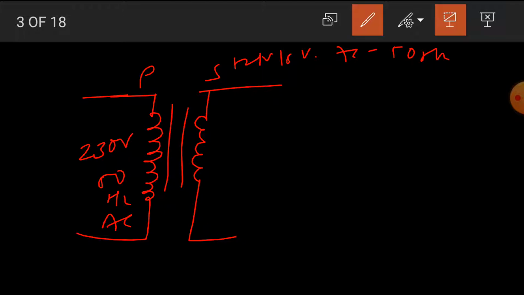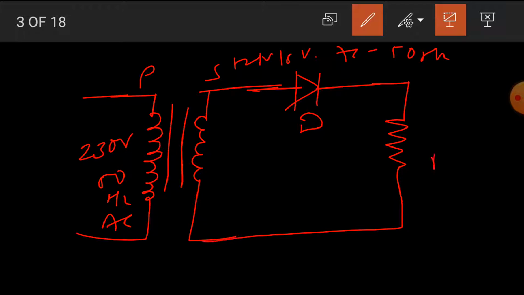In half wave rectifier, we use a single diode. That means we use only single diode D. Then the load resistance RL and the ground terminal. If we consider the two terminals or the two points A and B, then during the positive half cycle of the AC signal, point A becomes positive and point B becomes negative.